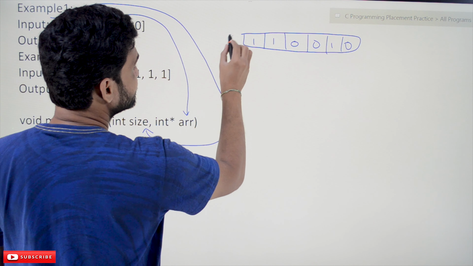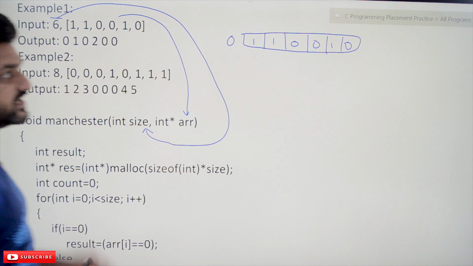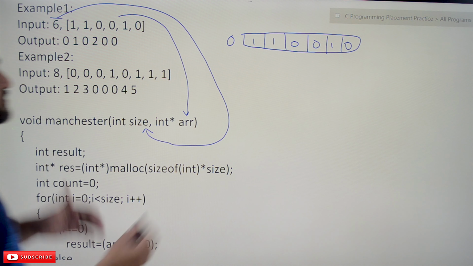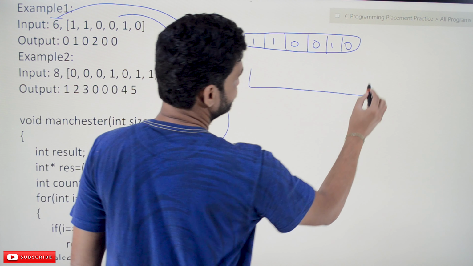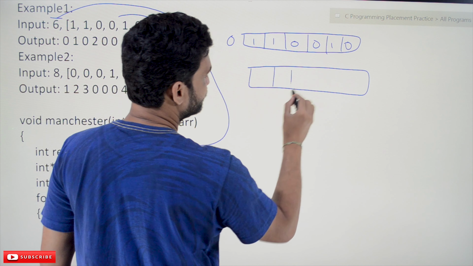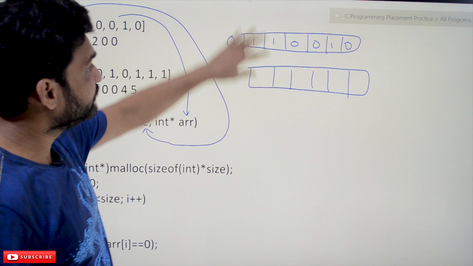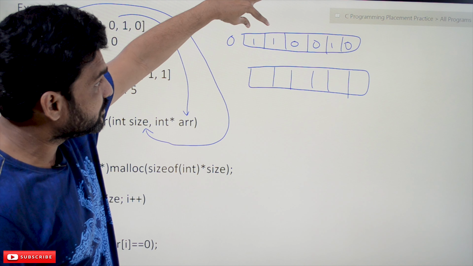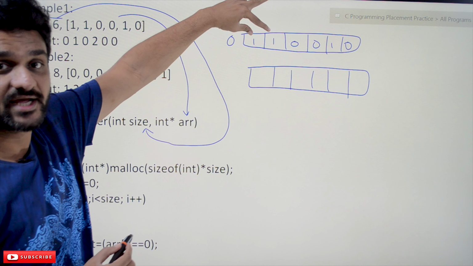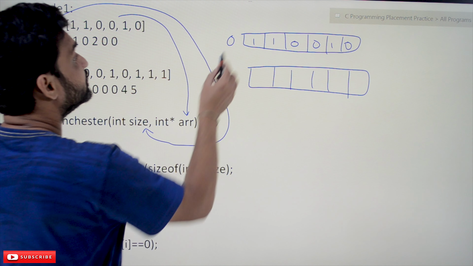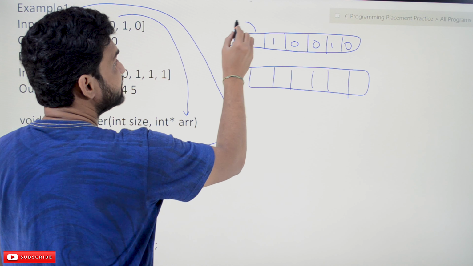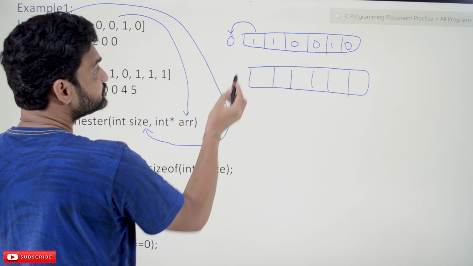Now the previous element for the first element is considered as 0. Now we have to take a fresh array of the same size and fill this array based upon the Manchester encoding properties.